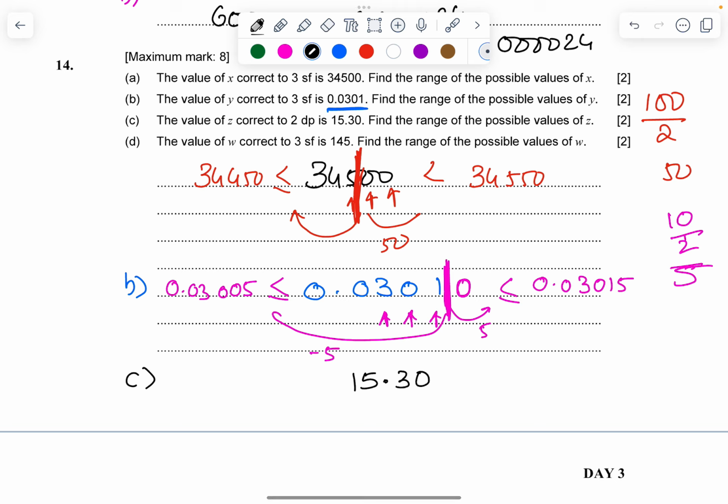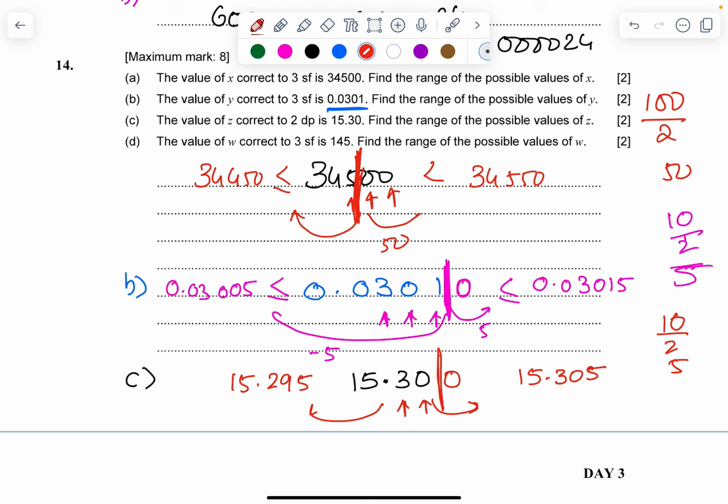Add 5 to the last digit. So it becomes 15.305 and 15.295. Subtract 5. For 300, I have added 5, it becomes 305. For 300, I subtracted 5. So for 10, I added 5 and subtracted 5, and for 100, I added 50 and subtracted 50.